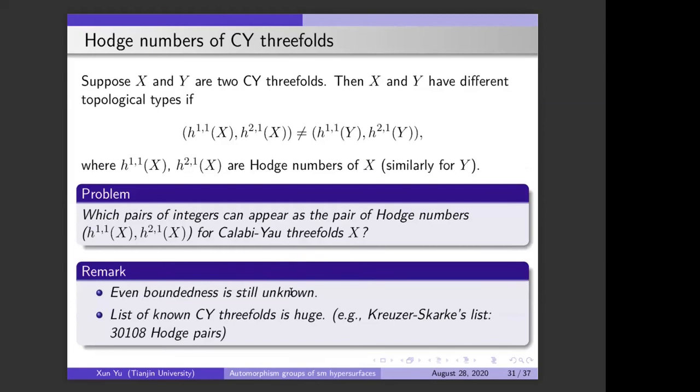Even boundedness is still unknown for projective Calabi-Yau threefolds. And the list of known Calabi-Yau threefolds is huge, for example the Kreuzer-Skarke list, with so many different Hodge pairs. This makes things difficult. It is hard to predict what patterns or rules should be followed by the Hodge numbers of Calabi-Yau threefolds.